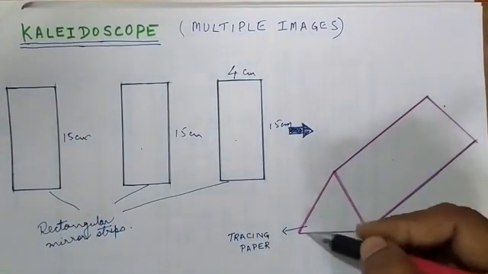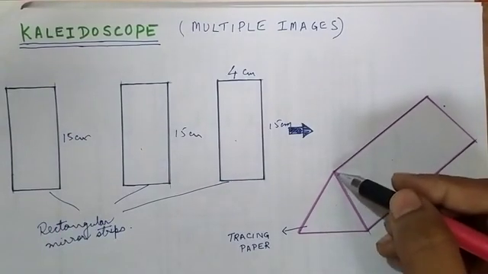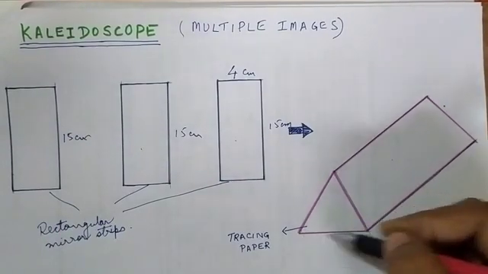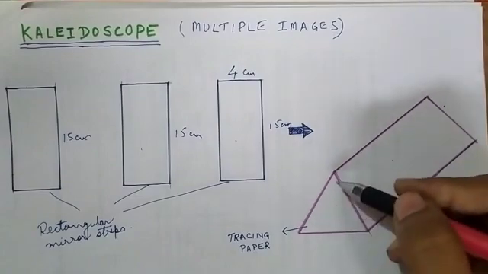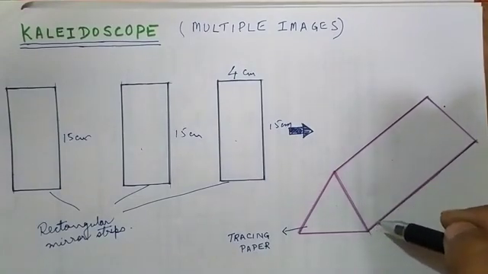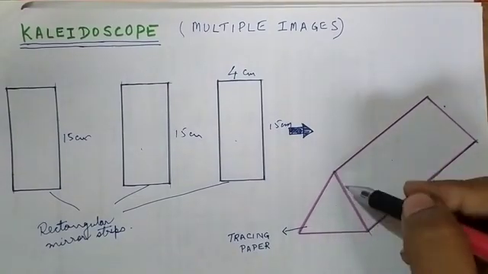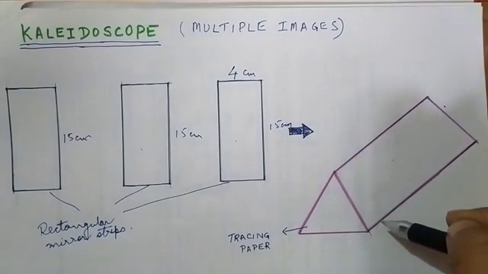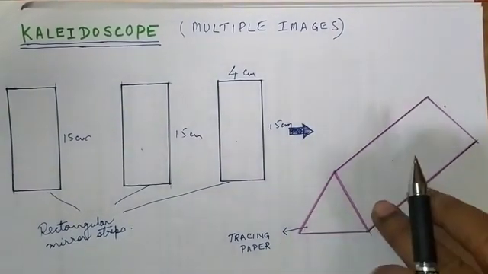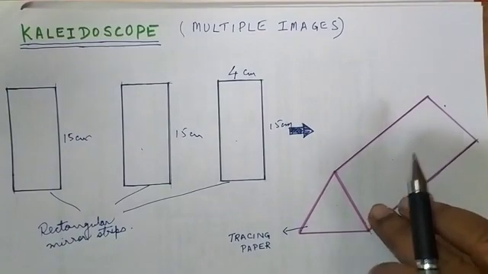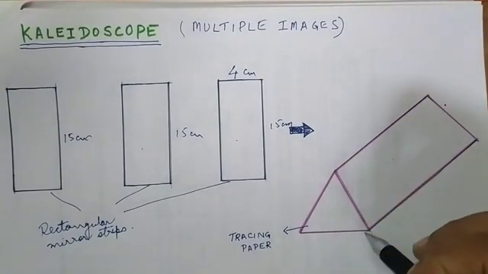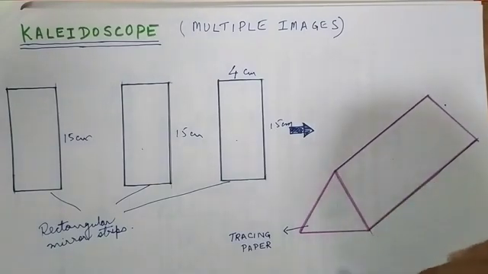At one end we are going to cut a triangle which is slightly bigger than this opening, and we will also cut a transparent sheet, and put it at this end along with the tracing paper, fixing the transparent sheet with a cello tape or a plastic tape.